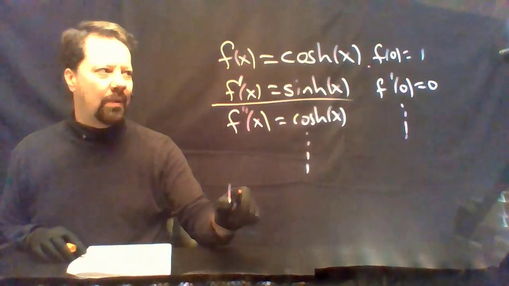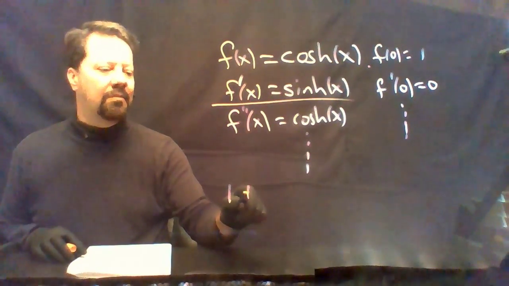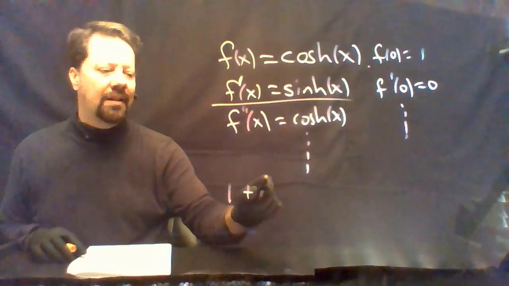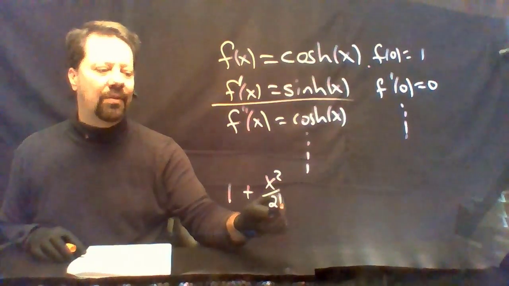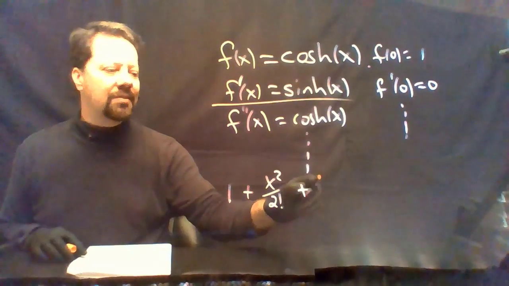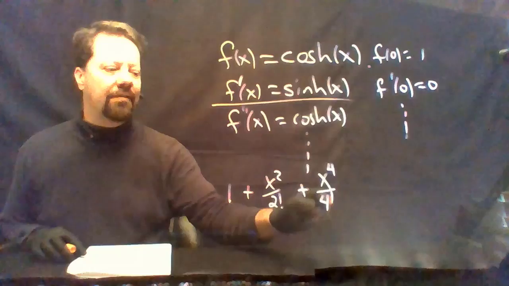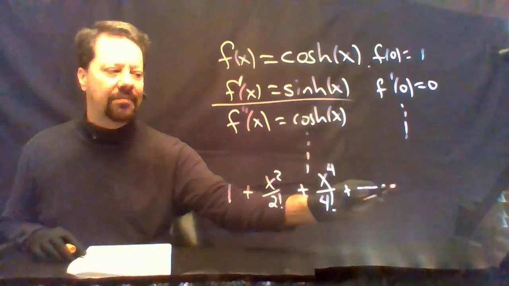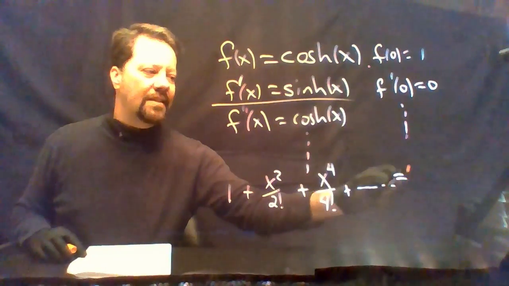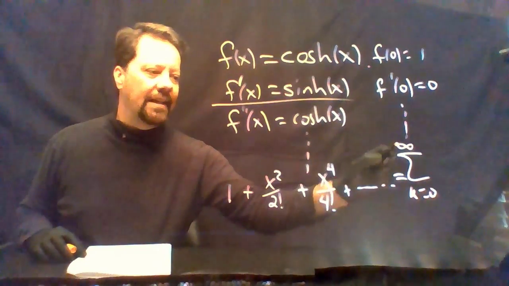Therefore, we have 1 plus 0 times x plus 1 times x squared over 2 factorial plus 0 times x cubed plus x to the 4th times 1 divided by 4 factorial, and so on. We'll write this in sigma notation as the sum as k goes from 0 to infinity.